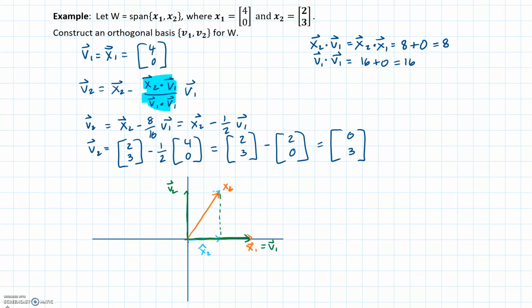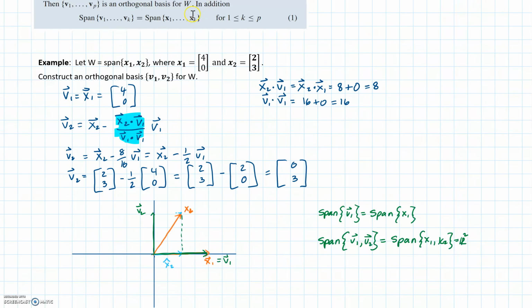And they do form a basis for our same subspace. They form a basis for R2. The last part of our theorem says, in addition, the span of v1 through any vk is equal to the span of x1 through any xk, for k from 1 to p.